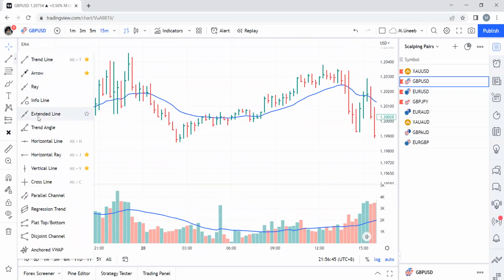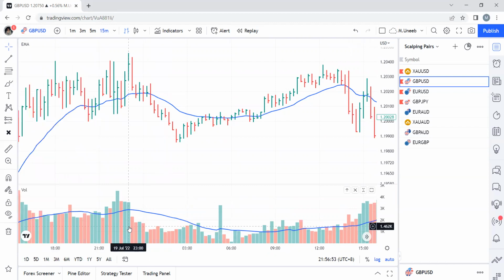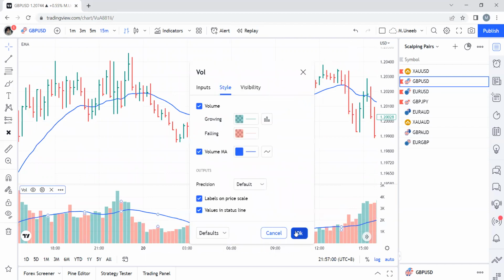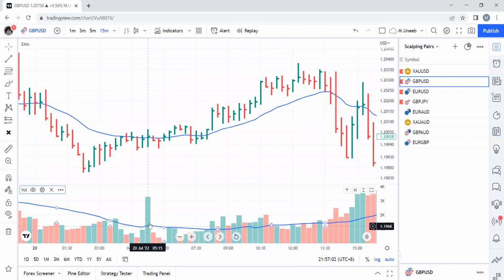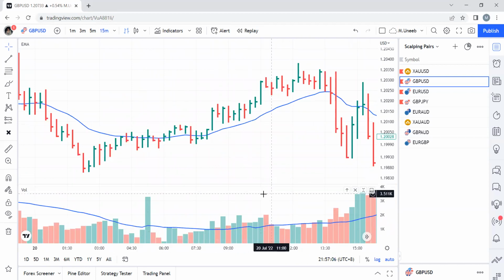Can you tell me, sorry, before we start, how do you make your volume bars so close to each other? My volume bars always have very wide space between them. Here? Yeah. See the green bar and then the red. You mean you want to increase or decrease the space?